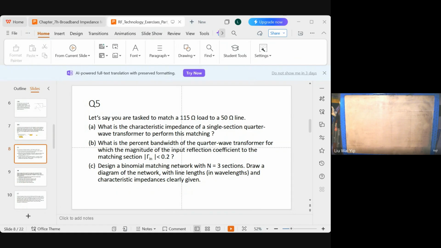And finally, we need to design a binomial matching network with 3 stages, n equal to 3.